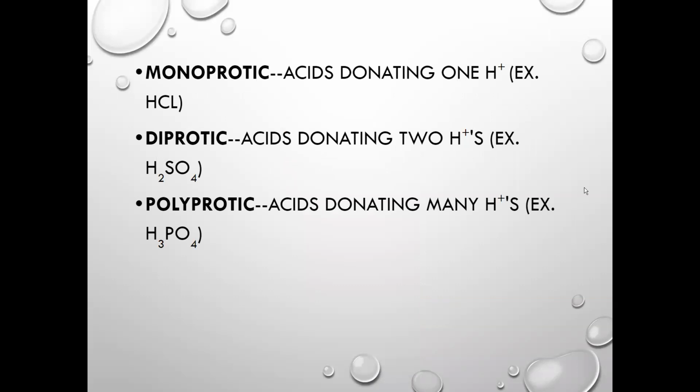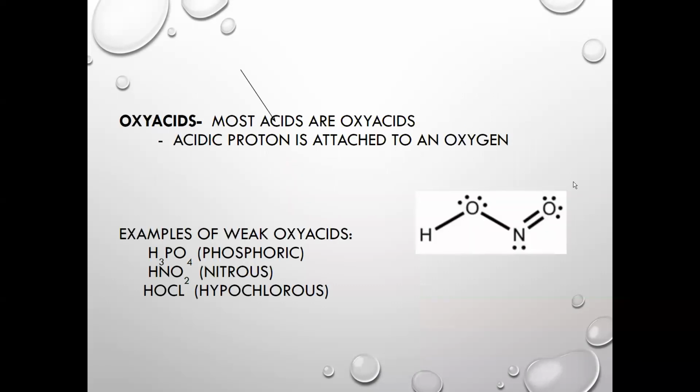This tells you what you have: monoprotic, diprotic, and then after that, polyprotic, of which phosphoric acid is going to be your most common one. If you remember oxyacids, most acids are oxyacids. That means the hydrogen is combined with a polyatomic ion. Those are the ones that do not start with hydro.